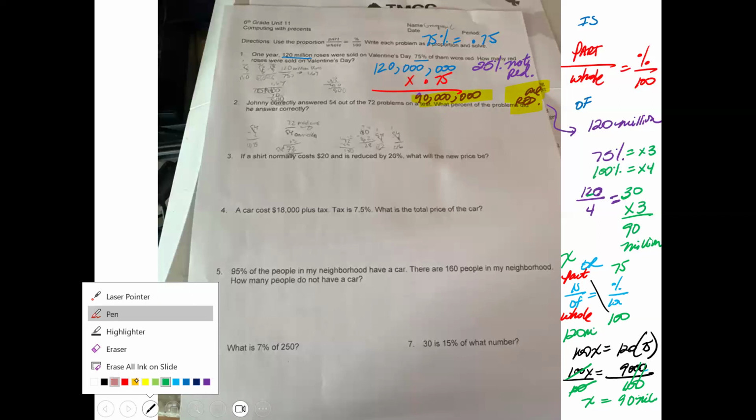We divide it, right? So that gives me 90 million. Okay, so I want you to write down 90 million right there, under number 1. You're not stupid, but you need to pay attention.